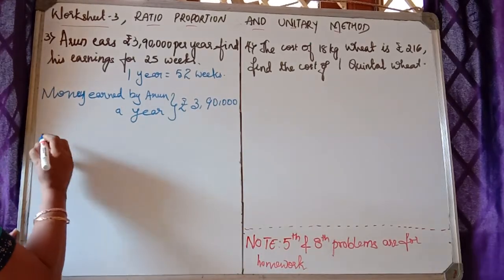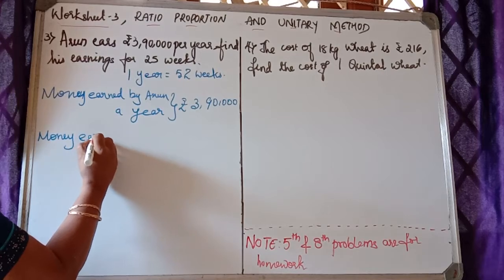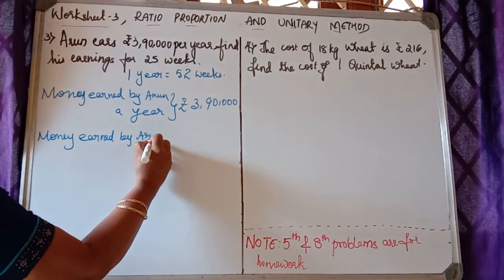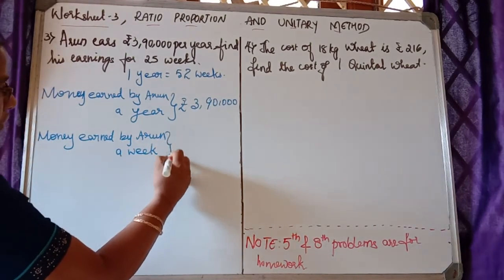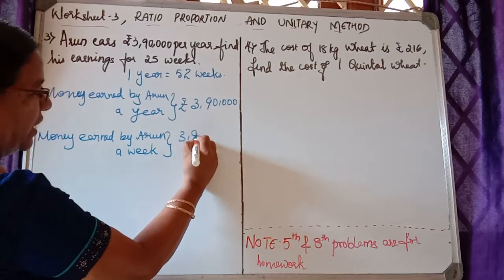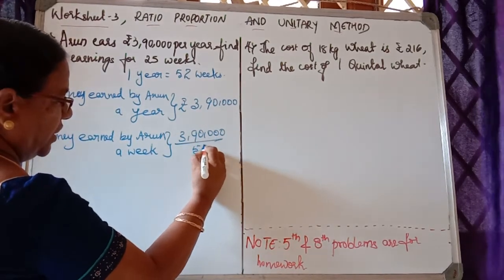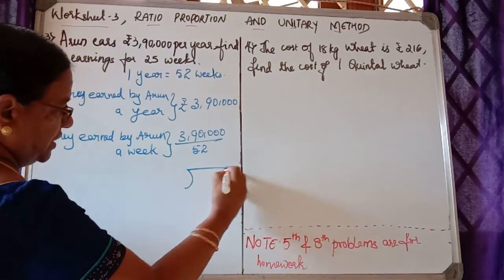Now we have to find out money earned by Arun per week. What we have to do? We have to divide 3,90,000 by 52. Now I do the division here.